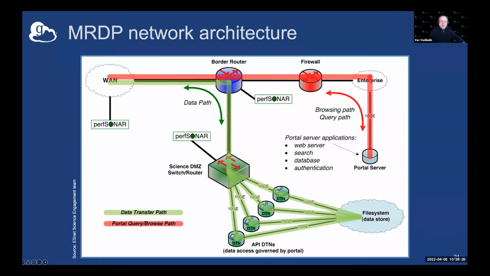This is not intended to be an alternative path for all your network traffic. This is intended expressly to be a path for certain types of traffic, in particular, in this case, data channel traffic over the GridFTP data channel, which is what Globus uses for managed file transfer.